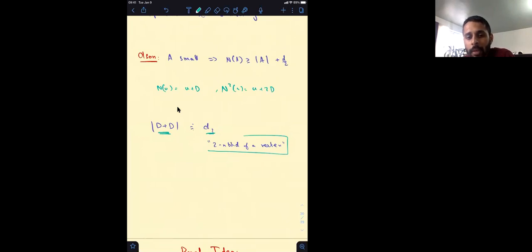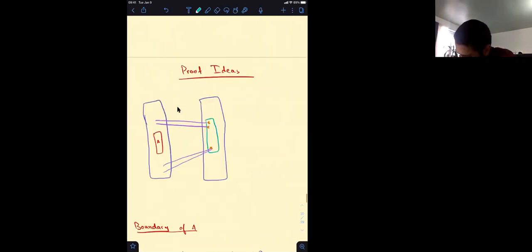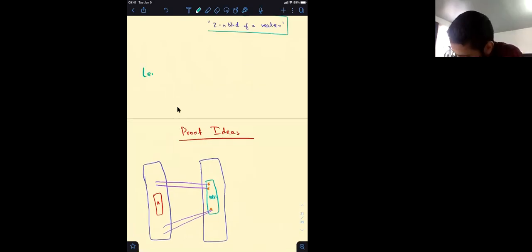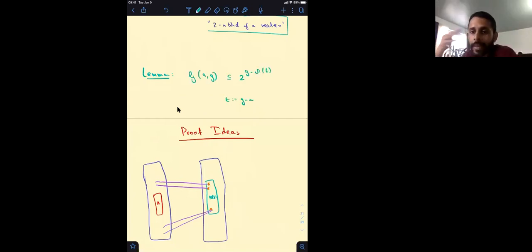Okay, so I'll just talk a bit about the proof ideas. Consider a set A and its neighborhood NA. The lemma that the proof ideas I want to discuss revolve around bounds the number of sets by 2 to the power of a function of the sizes of A and its neighborhood.